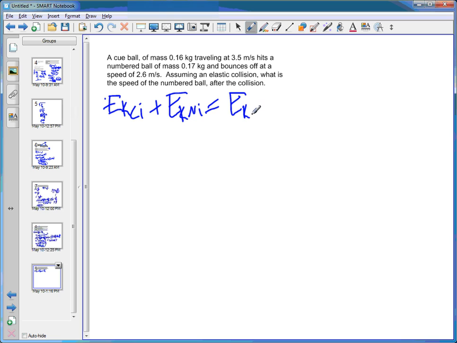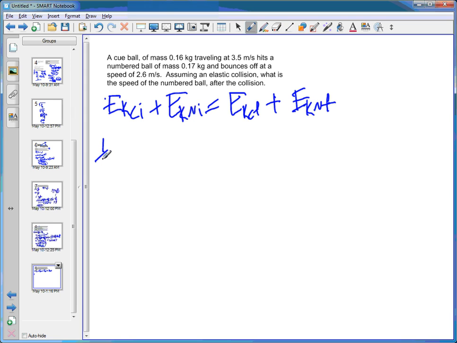Okay, kinetic energy of the cue ball initially is 1/2 mv squared, plus 1/2 m times v squared for the numbered ball initially, equals, well, you get the idea.